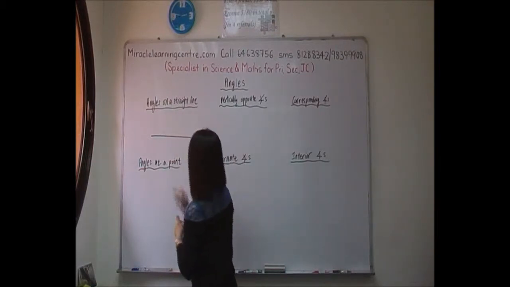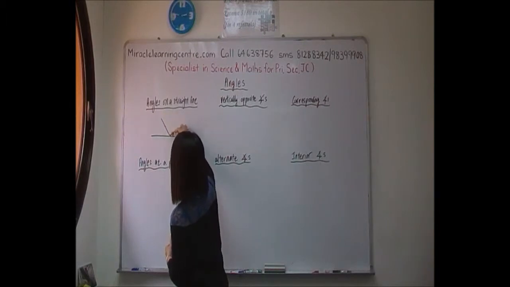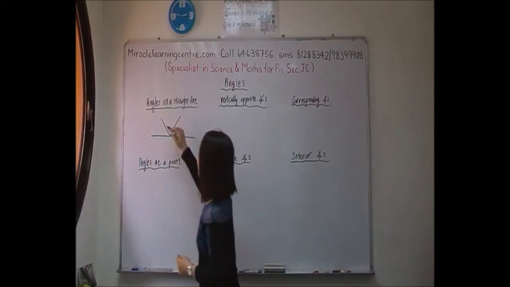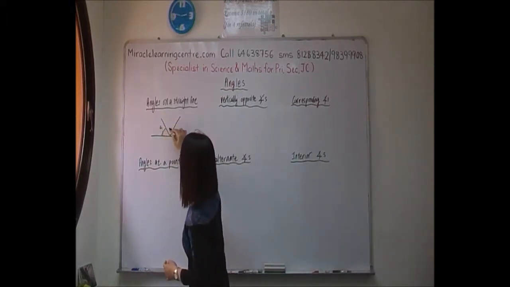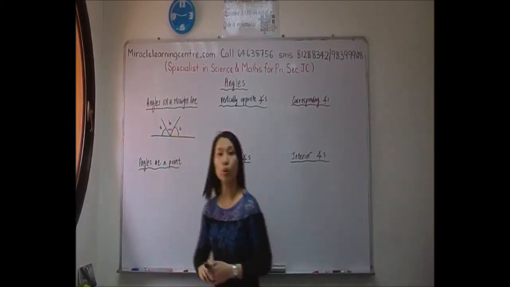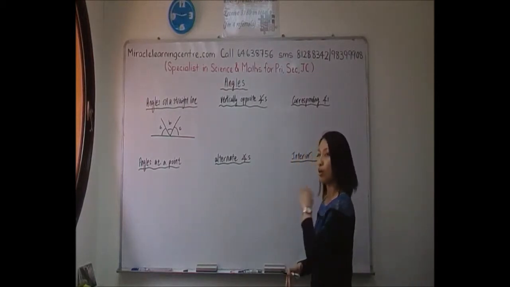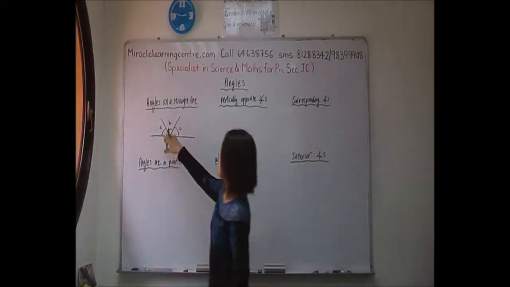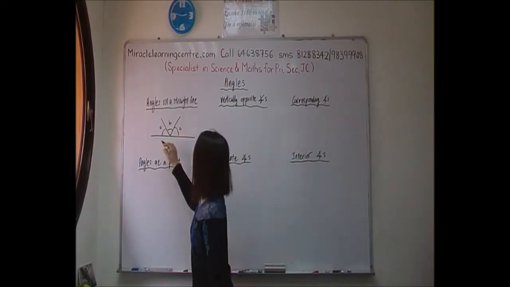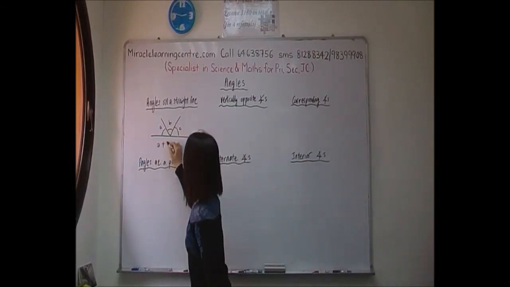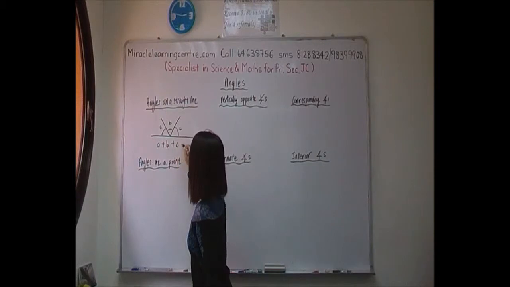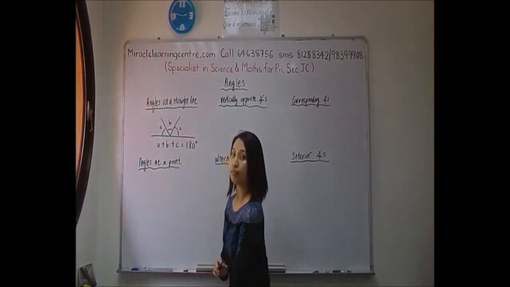If I have three angles, angle A, angle B, and angle C, they're all going to add up to 180 degrees because they are all on the line. So A plus B plus C equals 180 degrees.